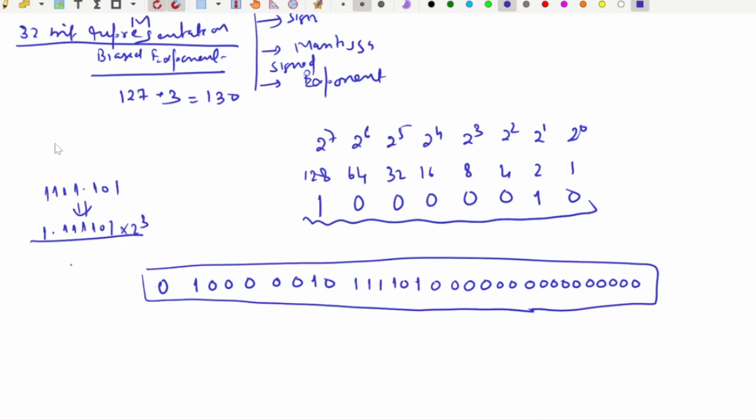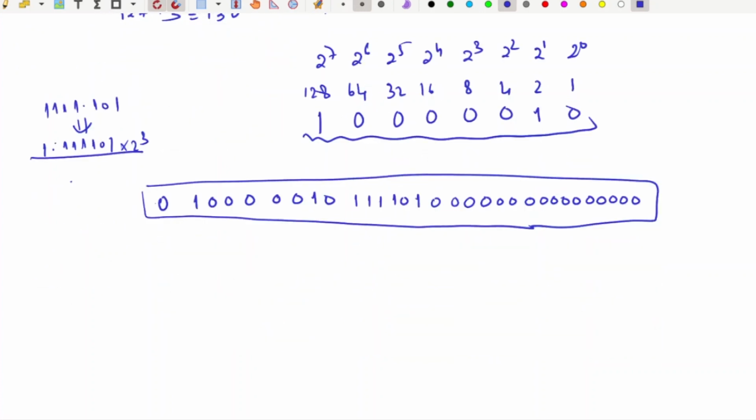Now suppose this is given. After finding it, how do we check the equivalent binary number? What is the equivalent binary number? This is written as minus 1 to the power s multiplied by 1 point m.